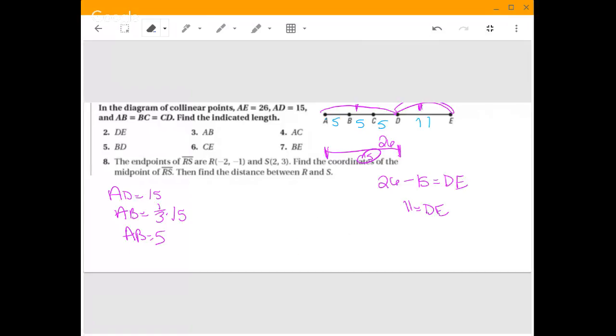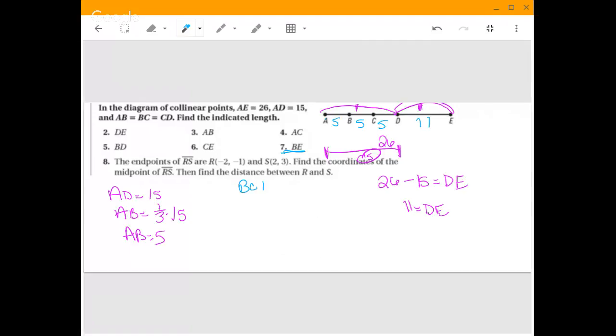You can look up there and see now that we have it labeled, you're just going to add 5, 5, and 11. Okay. But since we're looking for BE, let's list out the segments that make up B all the way to E, okay?